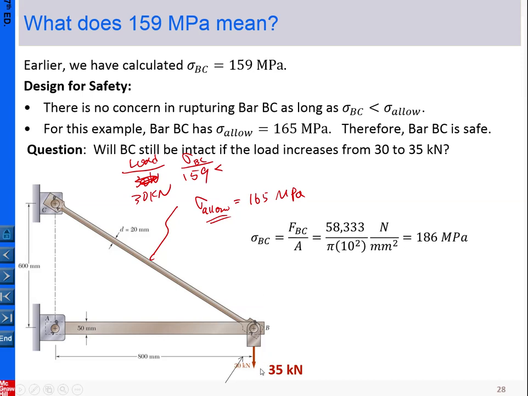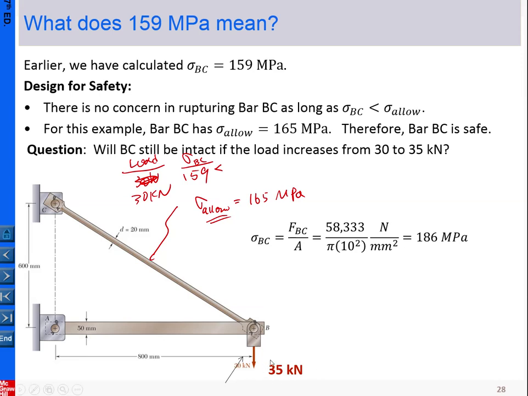On the other side, say we try to risk it and see what happens if the loading is increased from 30 to 35. You can repeat the same calculations as we showed in the previous sections, as an exercise for yourself.